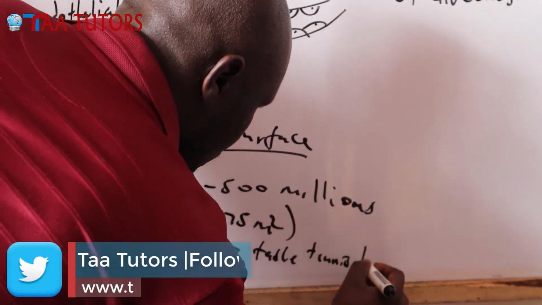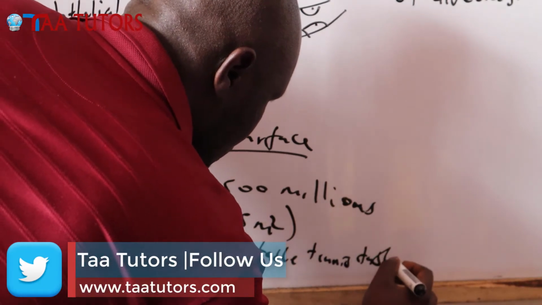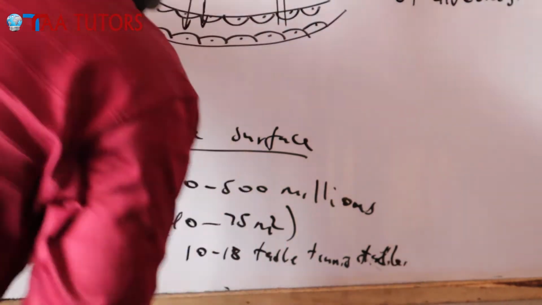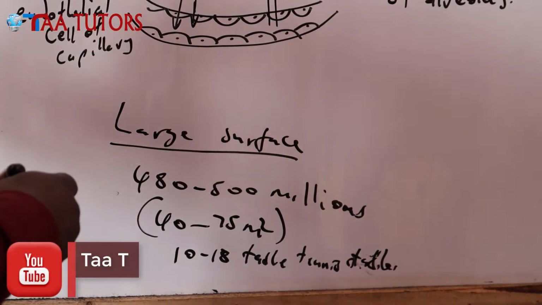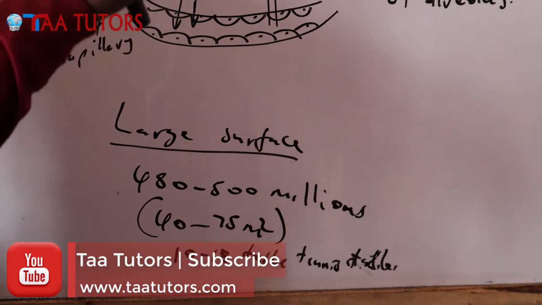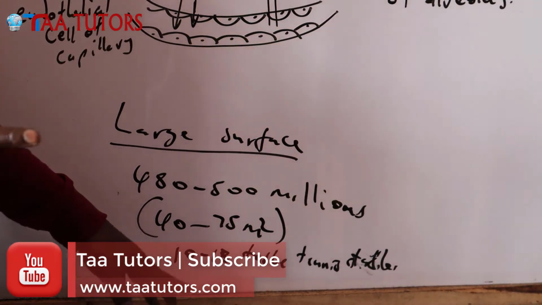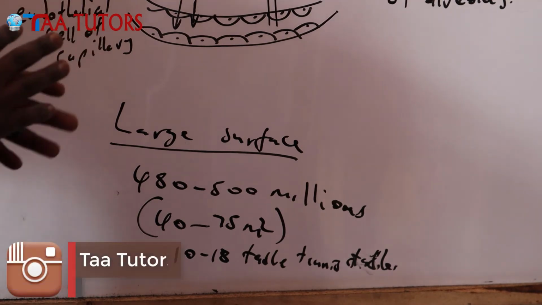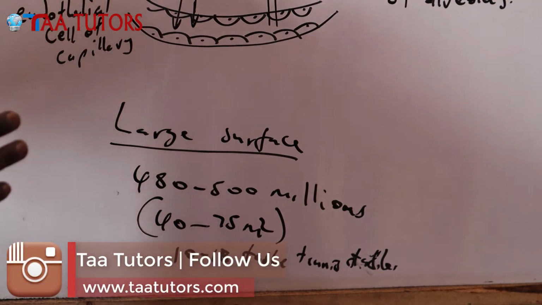If you have heard of table tennis, you know the surface area of a table tennis table. So you can imagine that in your chest you have got 10 to 18 tables of table tennis. That is how large that surface area is. So this is for efficient gaseous exchange.